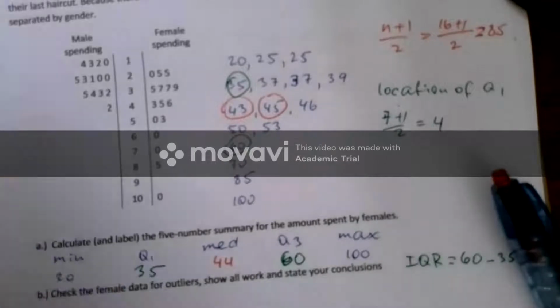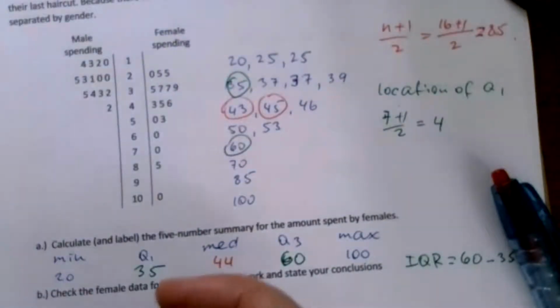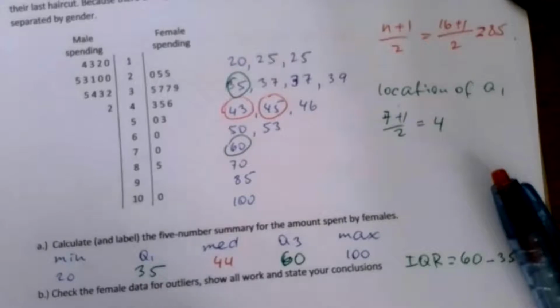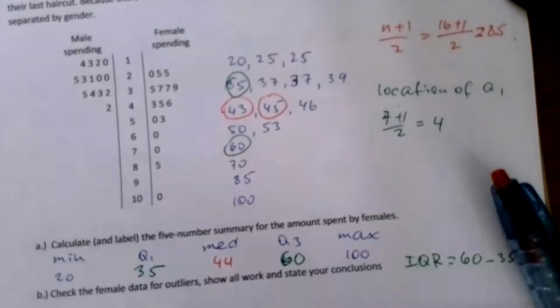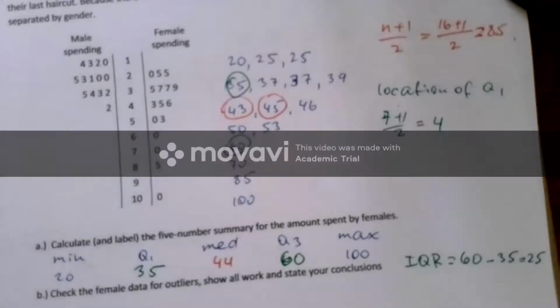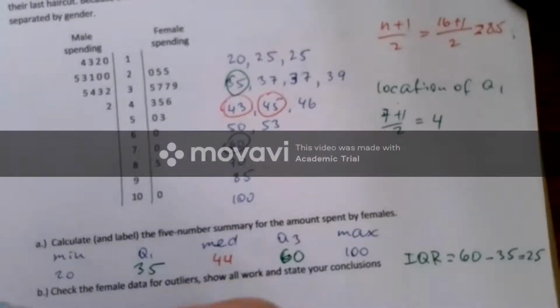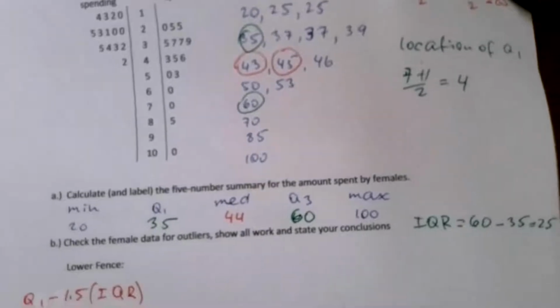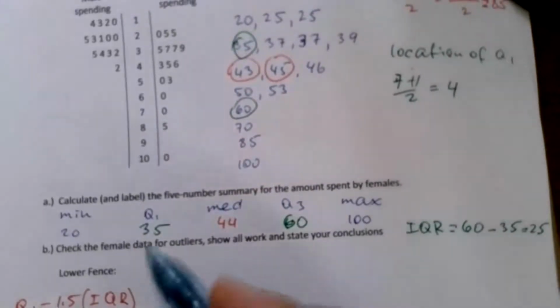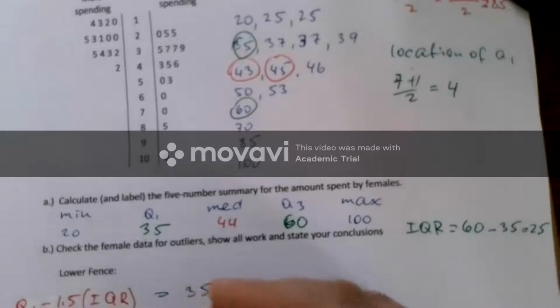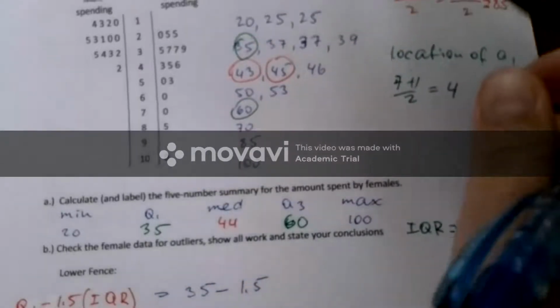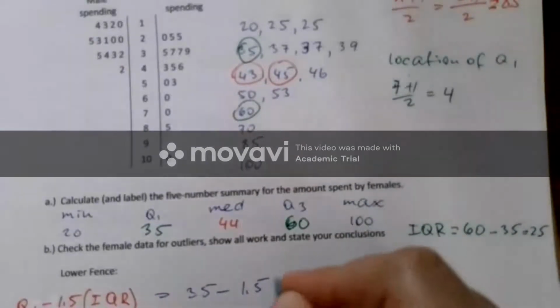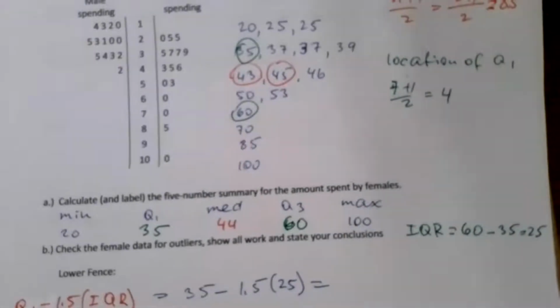And for the lower fence, it's Q1 minus 1.5 IQRs. Okay, so let's figure it out. So we have Q1 is 35 minus 1.5 times the IQR, which is 25. Let's calculate.